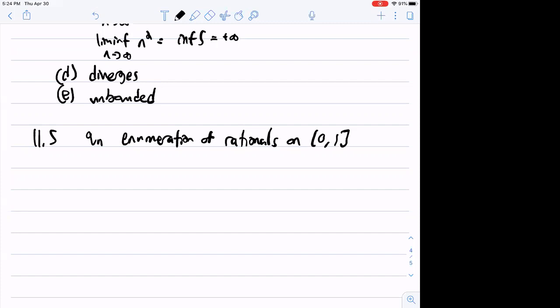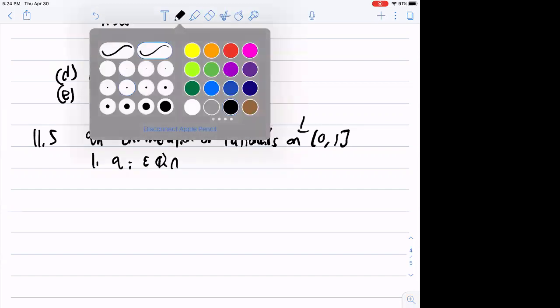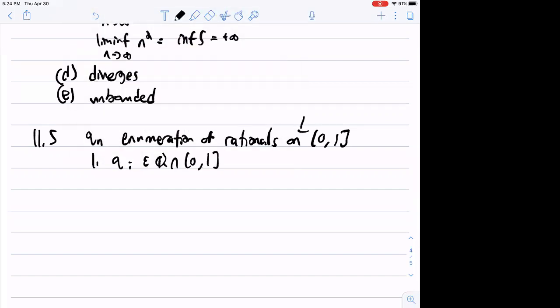Let me sort of define what enumeration is. So Qi is in Q, it's in Q intersect 0, 1, for all i. So every term in your sequence is a rational number.